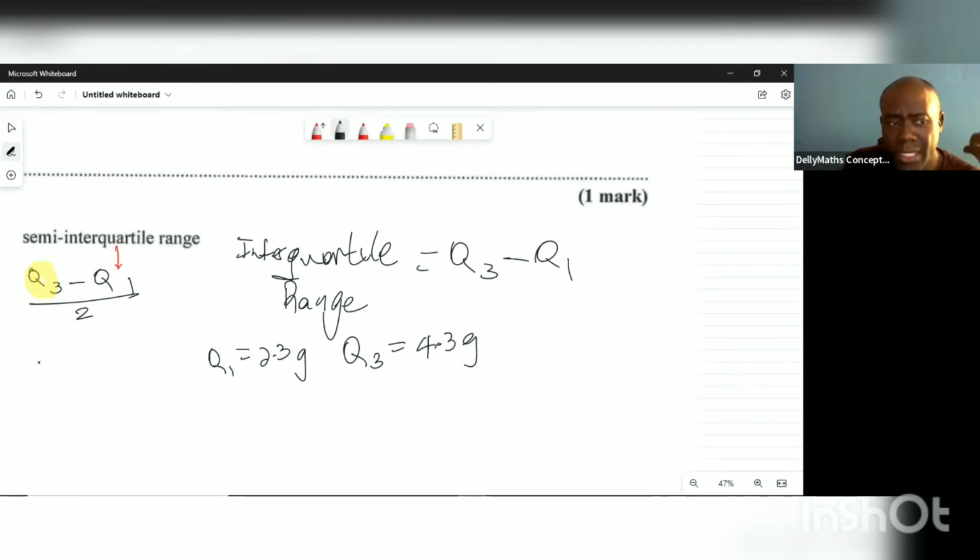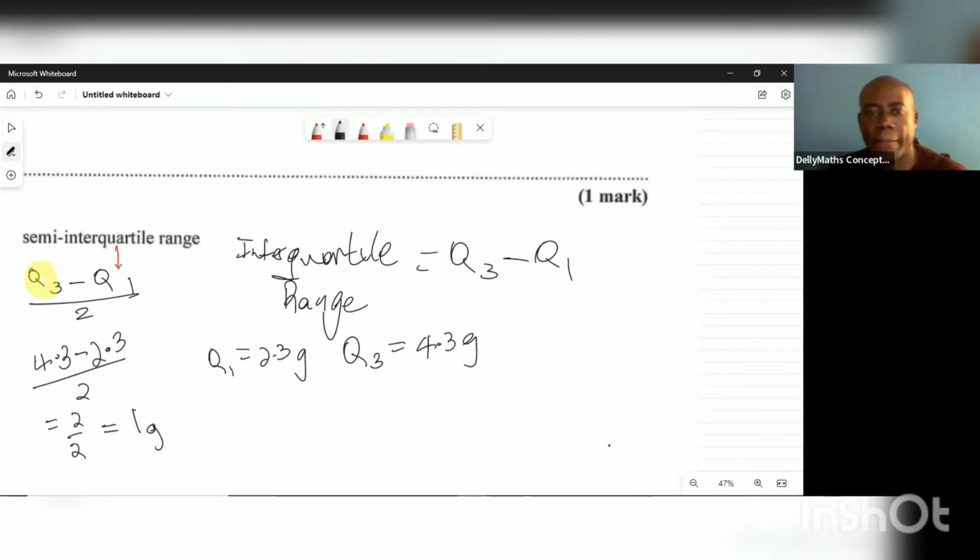So the semi-interquartile range is 4.3 minus 2.3, and then we divide that by 2. 4.3 minus 2.3 is 2, divided by 2. The semi-interquartile range is 1 gram. All right, so that would have been the solution for that.